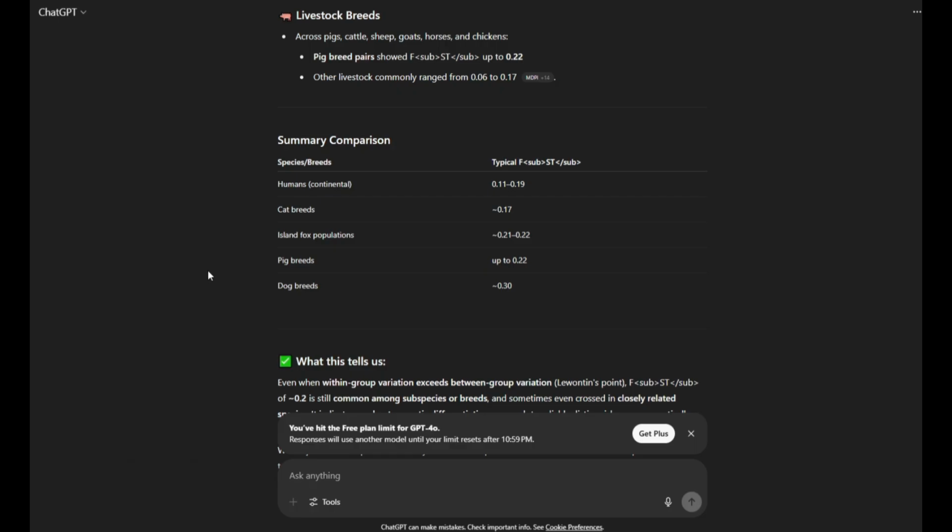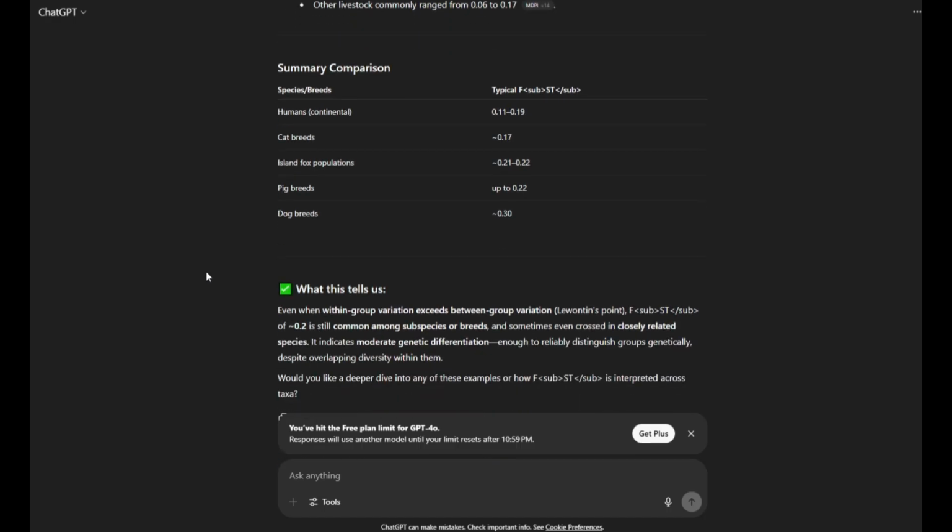Here are some notable examples. Island foxes. A study reported FST values between different island populations of the California island fox in the range 0.21 to 0.22, with some comparisons even up to 0.40 when islands were distant.